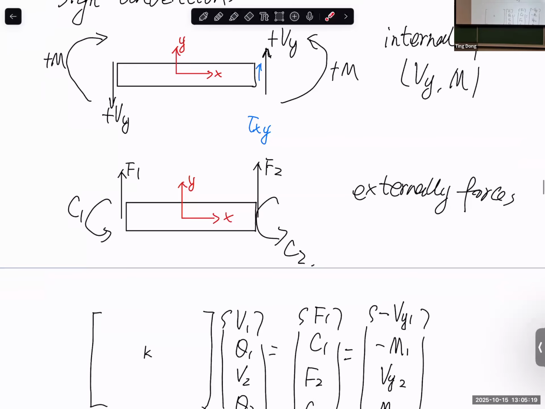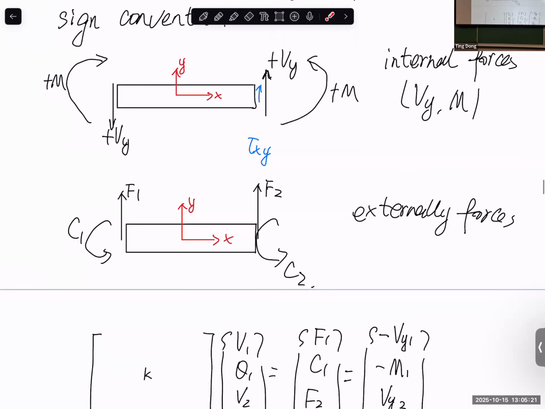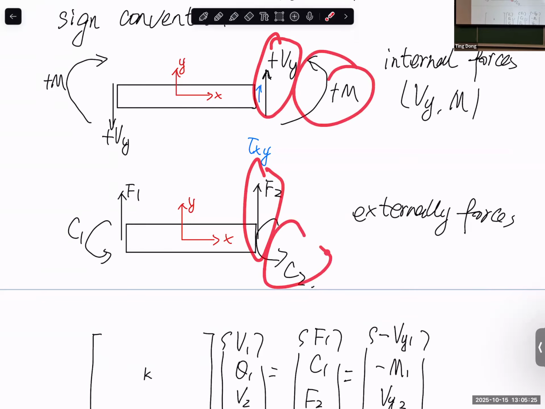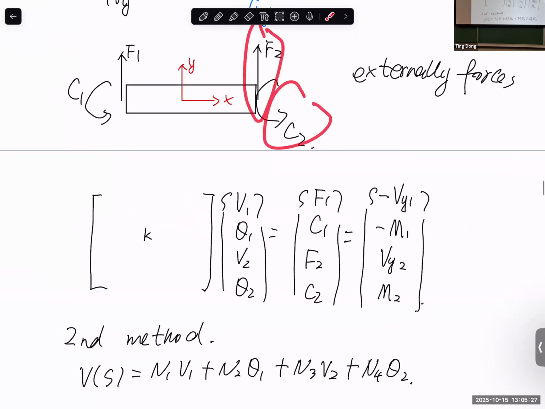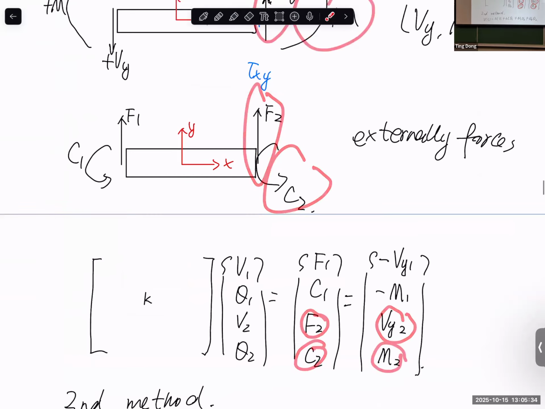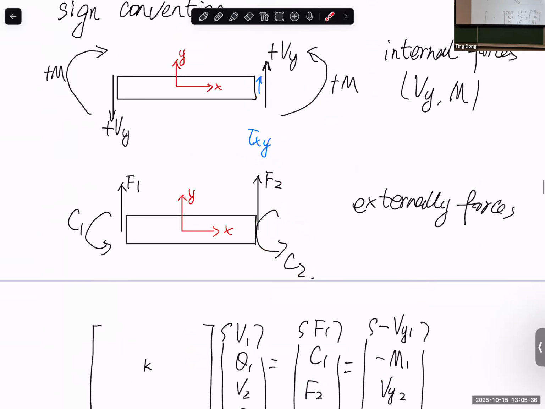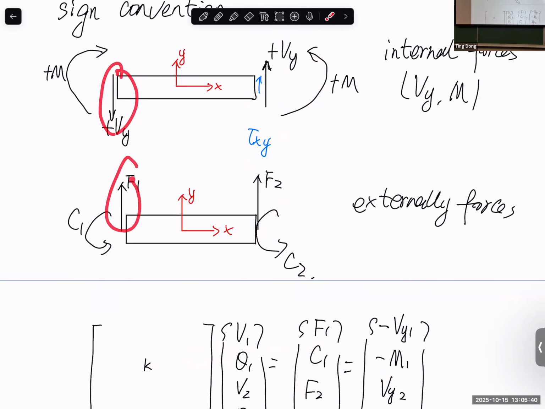Based on the difference in sign convention, we know that at the second node, the signs are all positive, so they are the same. That's why the shear force at node 2 and the bending moment at node 2 should be the same. But at the first node, downward is positive for internal force, while upward, based on coordinates, is positive for external force.